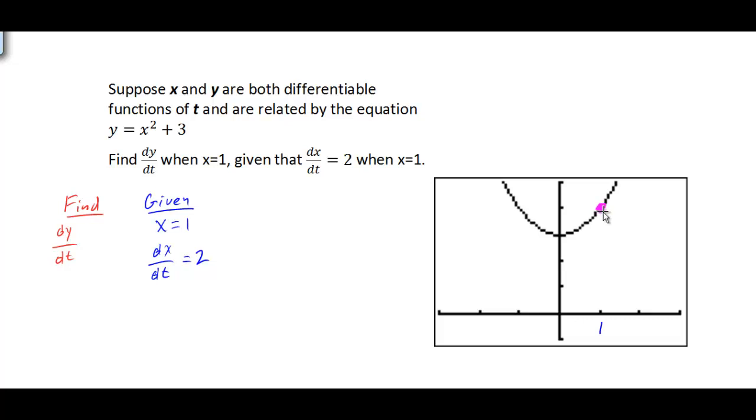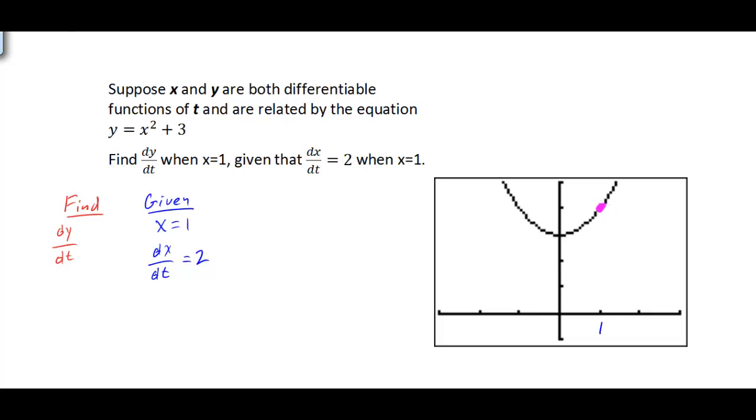Well, dx dt, our x is changing. The x here is your horizontal direction. Our x is changing at a rate of 2. So for example, this 2 may be representing 2 inches and the time might be seconds. So maybe this particle is moving along this graph, and when x is equal to 1 at this point, our x is changing at a rate of 2 inches, say, per second.